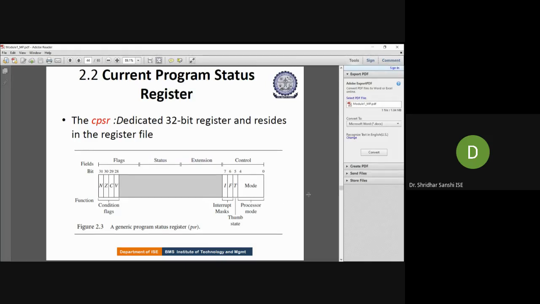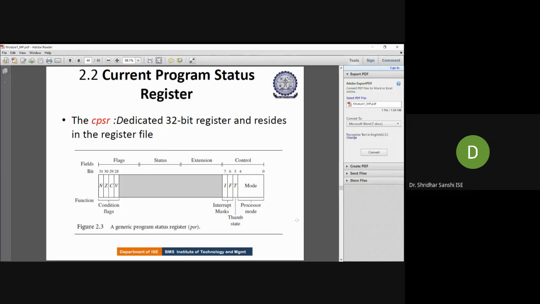In the control field we have the processor mode. It determines what mode the processor is working in. That can be checked by accessing these 5 bits, 0 to 4. Next is the T bit, which indicates in which state the processor is.